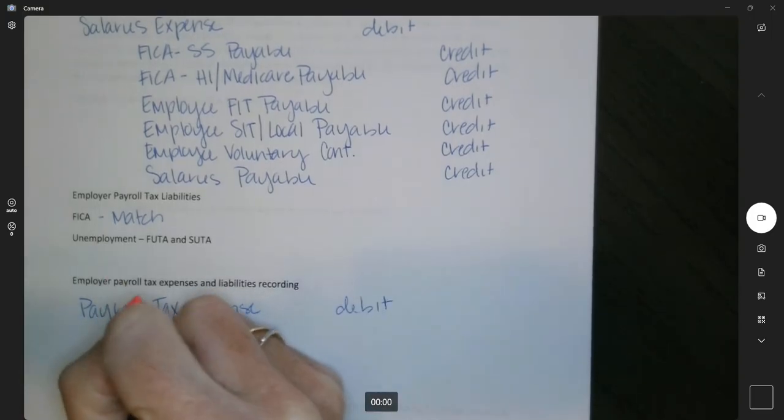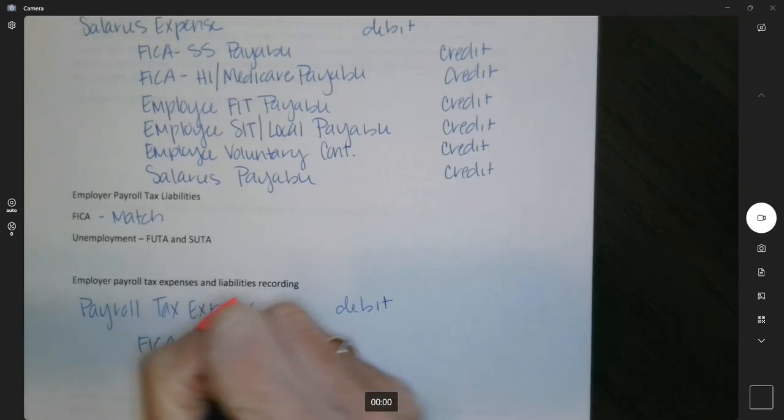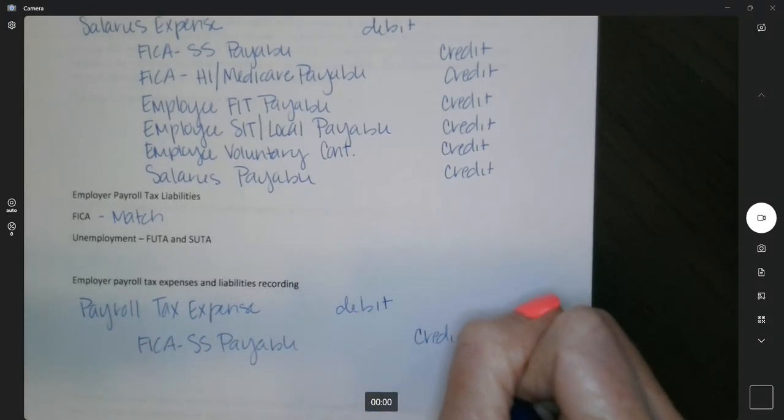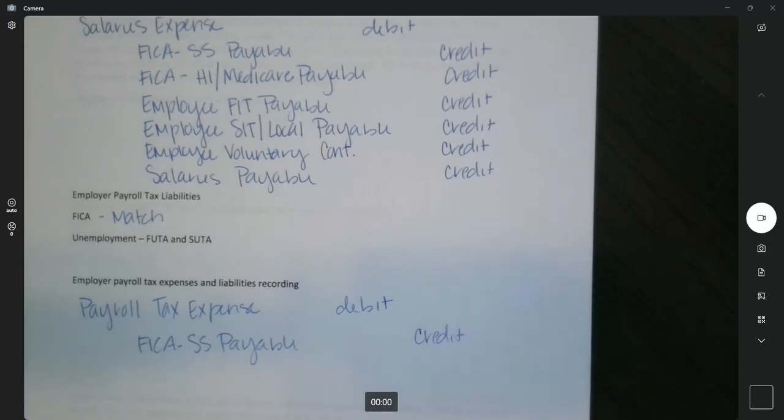We're going to include FICA Social Security. We're going to include FICA Medicare.